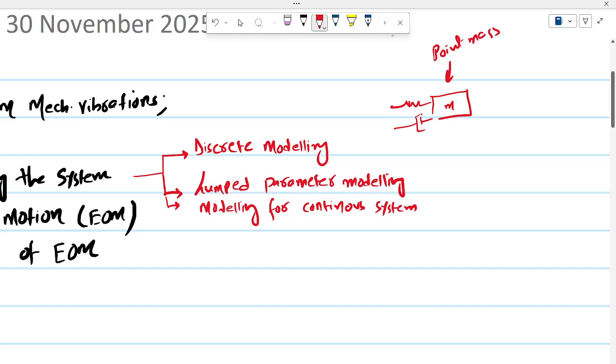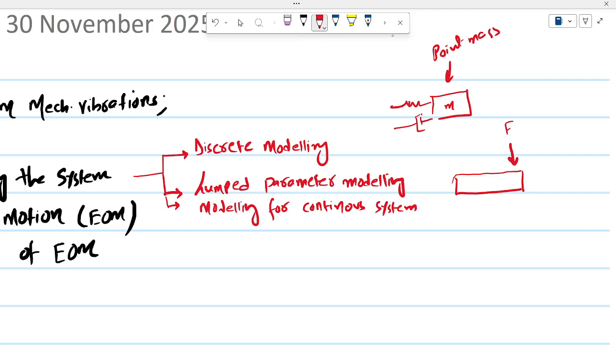What is lumped parameter modeling? In reality the systems are not discrete, they are continuous systems. There's a car with a whole body with some length, breadth and height, or a beam attached to a wall or present in a structure, and that beam is subjected to a load. That load may be an impact load, a harmonic load, a ramp or a step loading.